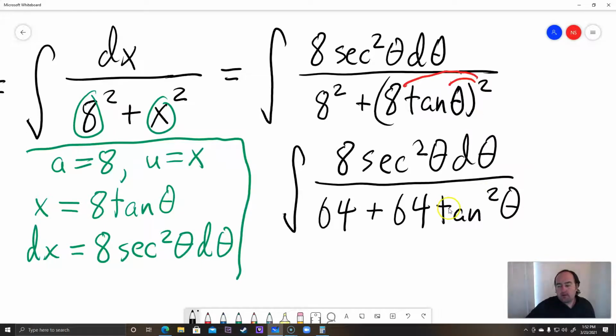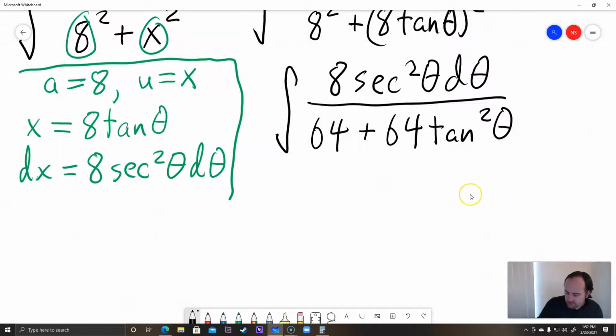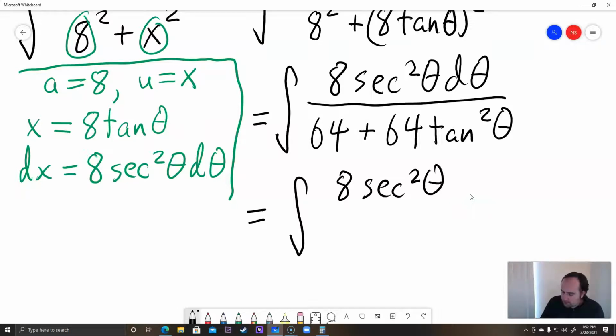And then I notice something. I notice that in the denominator I can factor out a 64, kind of similar to the last problem we did. So if I factor out a 64 in the denominator, then I'm going to be left with 1 plus tangent squared of theta.